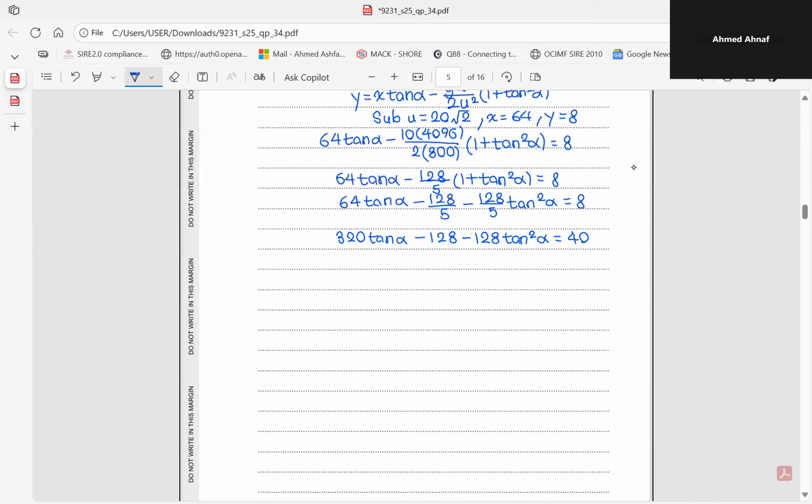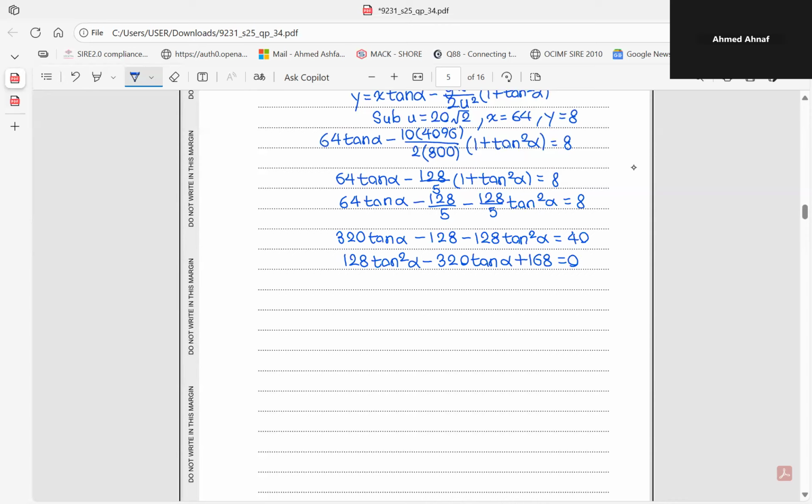Then move everything over to the right hand side. So you get 128 tangent squared alpha minus 320 tangent alpha, and 40 plus 128, you get plus 168 equals 0.